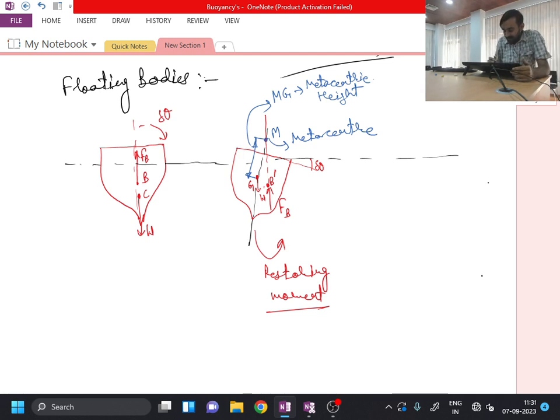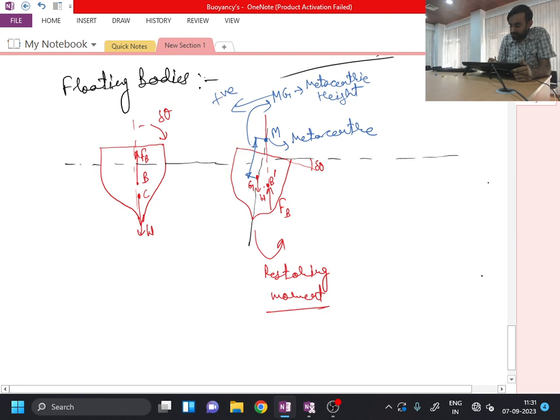Now you can see that when my metacenter is lying above the center of gravity, it means my metacentric height MG is positive, then I have weight and buoyancy acting in such a way that they are creating a restoring moment. Okay, so because of this restoring moment, even if I displace the body, it will come back to its original position.